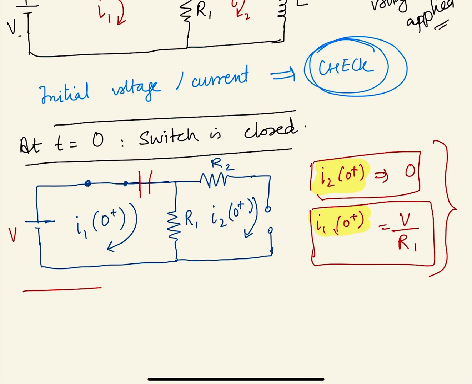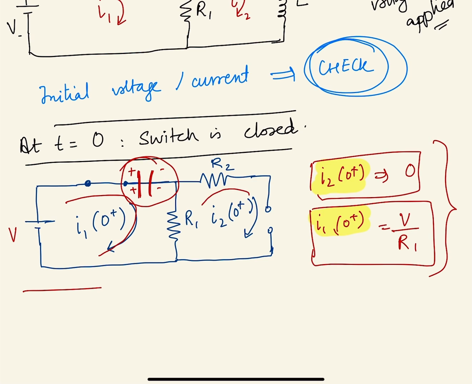This capacitor, which we had replaced by a short circuit, will not always remain a short circuit. Why? Because as the current is flowing in the circuit, the capacitor will slowly start getting charged, and there will be a point where it will reach its potential, or the required amount of charge.